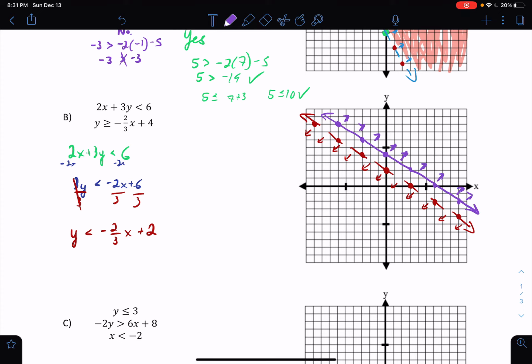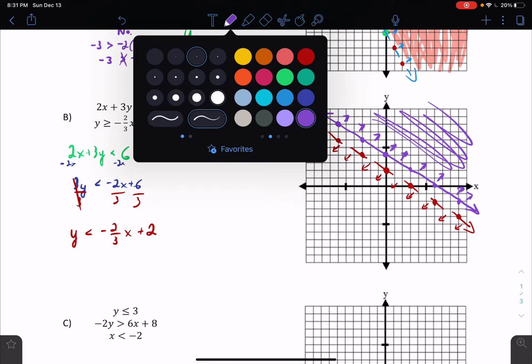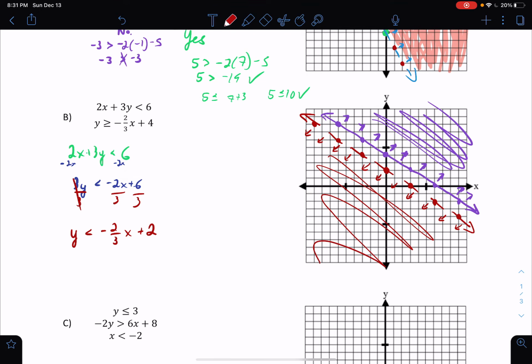All right, well, here's the issue. If I shade above for the purple line, I get this region. If I shade below for the red line, I get that region. Is there any overlapping region? No. Okay, so there's no overlapping region.